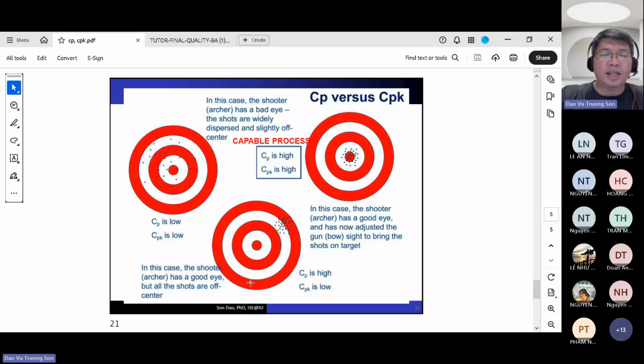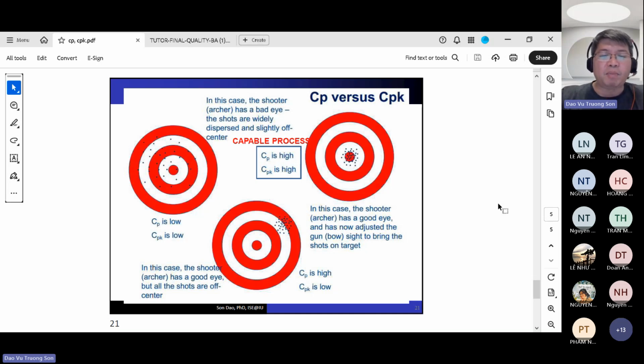So here you can see the illustration of CP and CPK. All right. In the top right figure, CP is high, CPK is high as well. So everything is very close to the bull's eye. All right. In the top left figure, CP is low, CPK is low. As you can see, it's spreading all around.